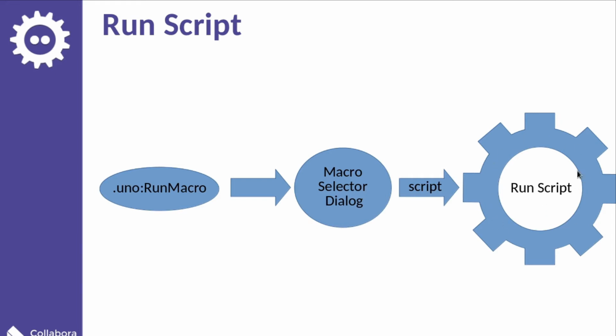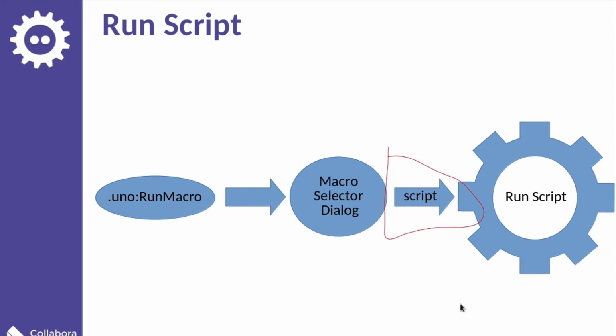Let's call it run script. Of course, if we observe the diagram, we cut this part. The main important thing in LibreOffice core is just this process, which is provided an input script name of the Visual Basic to execute.